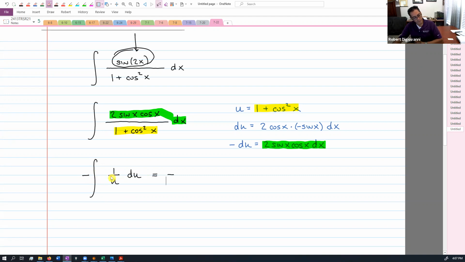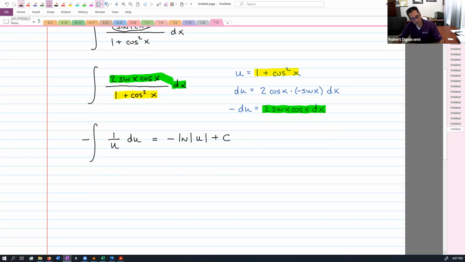Negative. Antiderivative of 1 over u: natural log, absolute value of u plus C. And then replace u with what it is, which is 1 plus cosine squared x plus C. And we're there.